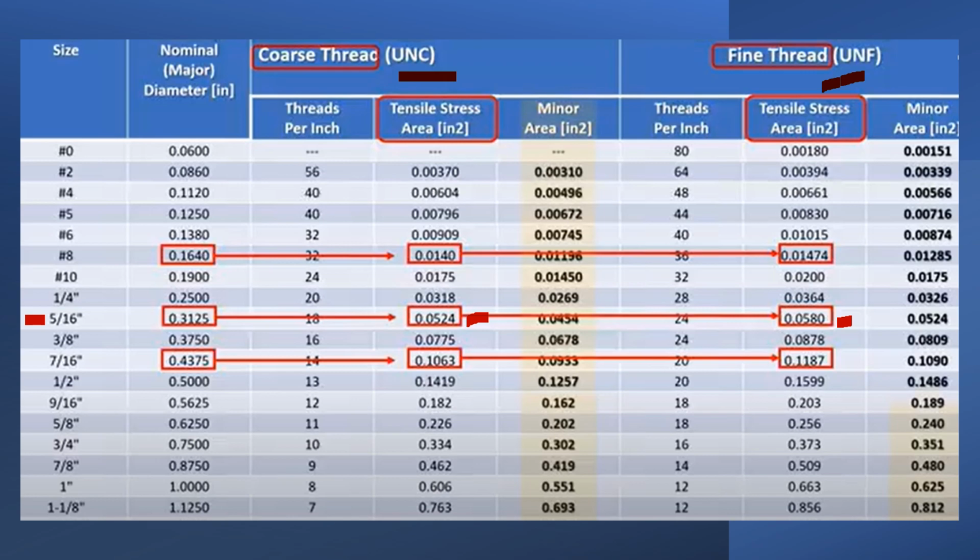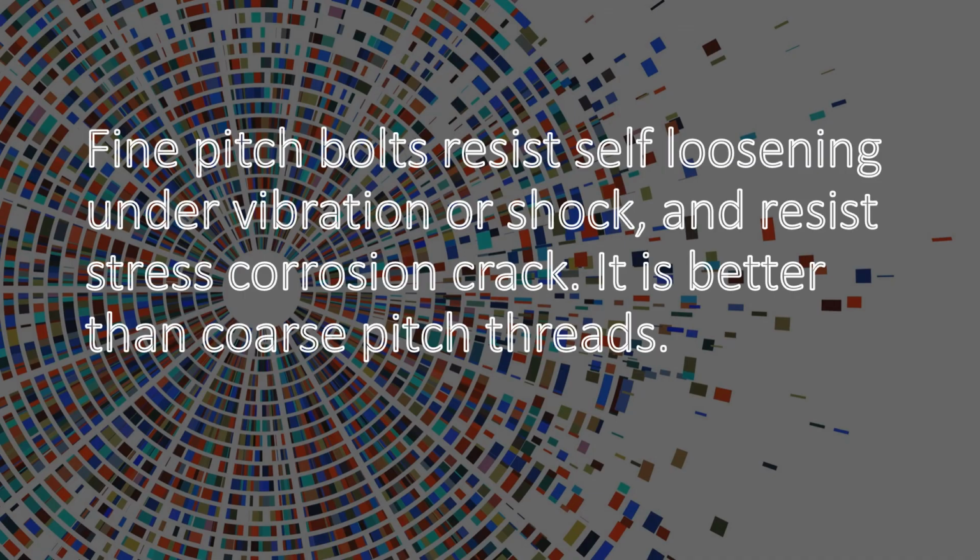Before, we were reading the advantages of coarse thread over fine thread, but here the tensile strength is always higher for fine thread over coarse thread. We already read that in the past 2-3 slides. Why? Because there are more TPI. More TPI can hold more stress. So the tensile strength in fine thread is always higher than the coarse threads.